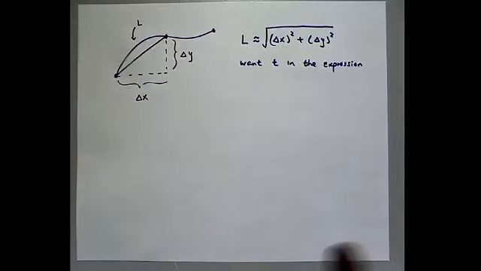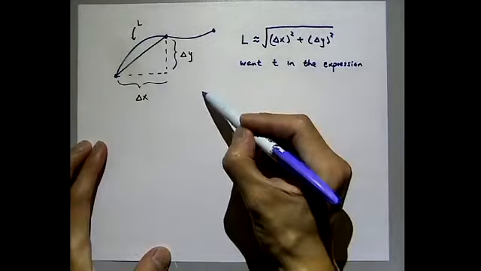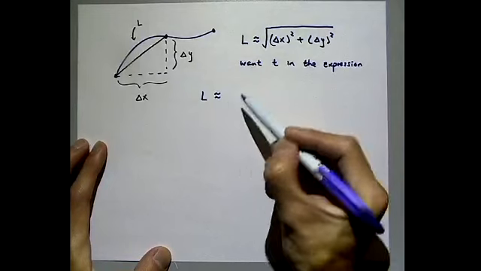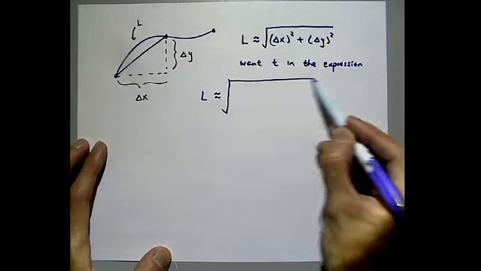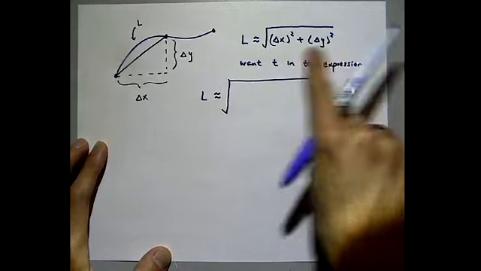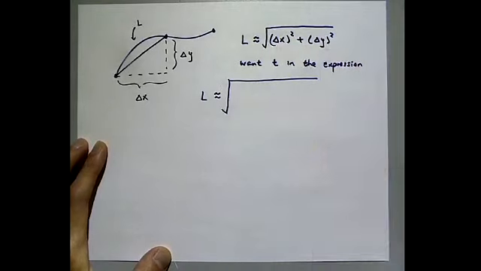We want t to get into this expression and not x and y. So what we can do here is do a little bit of algebra. We're going to divide both of these by delta t.